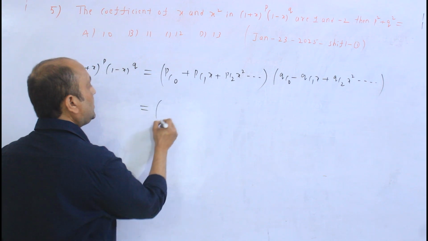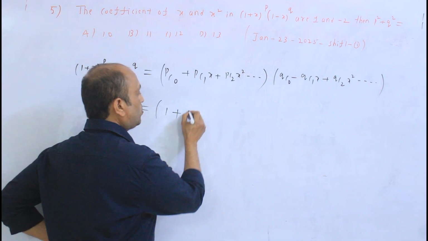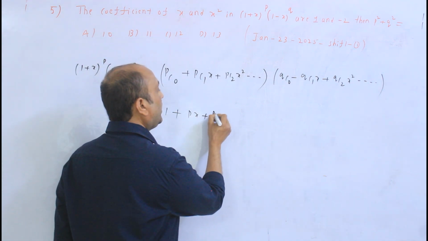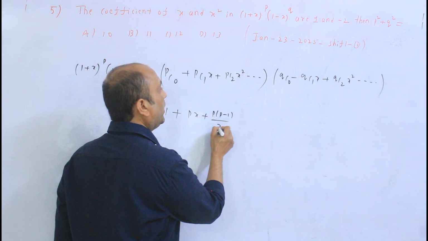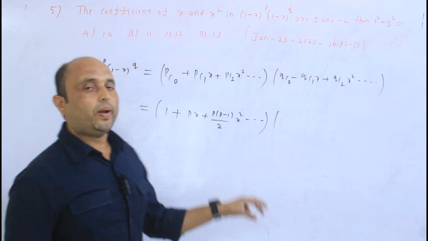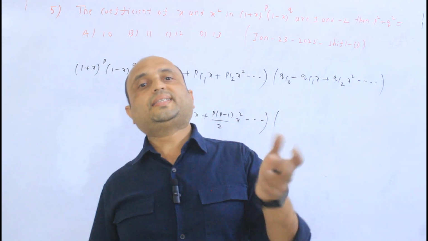So pc0 is 1 and pc1 is px plus pc2 is p into p minus 1 by 2 x square up to so on. Here just expand up to the x square term only, because we have been given only x and x square.